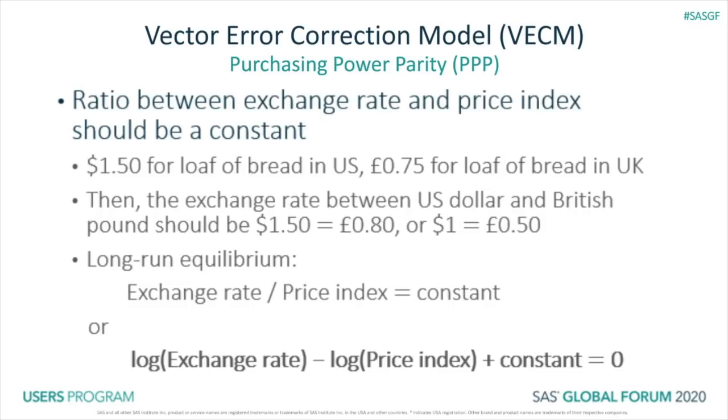Then for the same bread, these values in our currency should be the same. So it means that the exchange rate over the so-called price index should be a constant. This is the PPP. Put it in logs, and then the log exchange rate minus the log price index should be some constant. This is the long-run equilibrium.